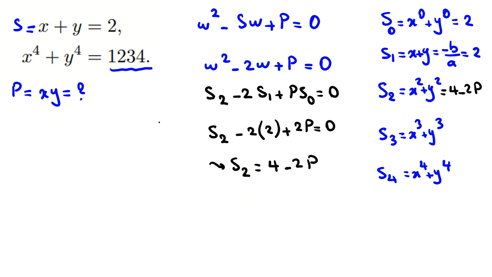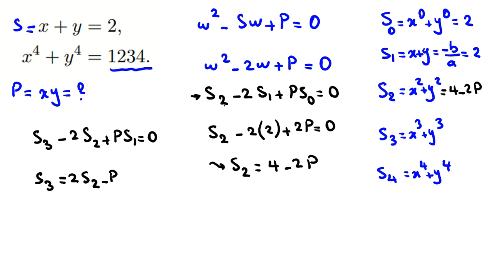Again, we use the same way for S3. In the previous part, I explained S3 minus 2S2 plus PS1 equals 0. So S3 equals 2S2 minus PS1.